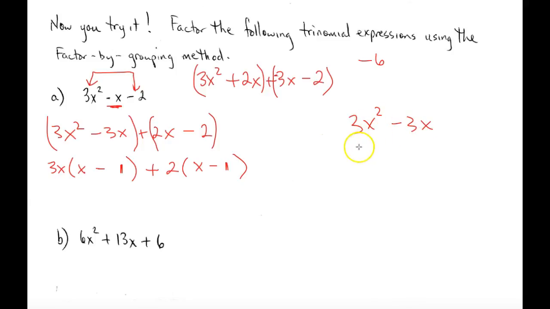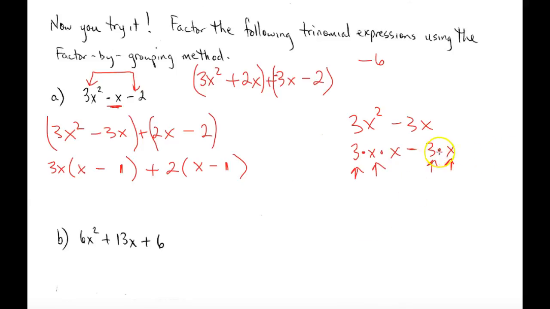If I actually write this out and factor everything totally, this will be 3 times x times x minus 3 times x. And so if you notice here, both terms have in common a 3 and both terms have in common an x. So that's why I'm factoring out a 3x here.